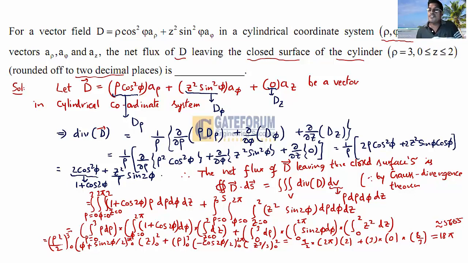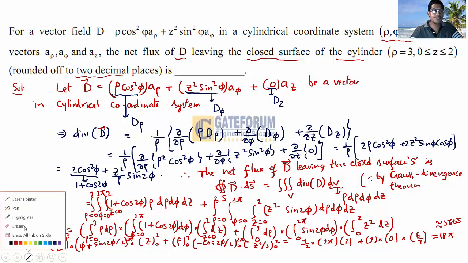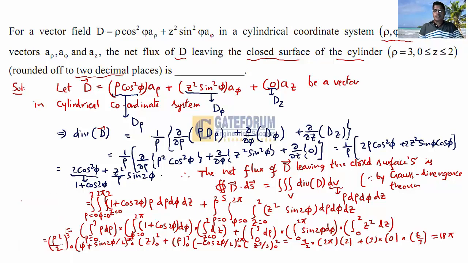So the answer is 56.55. So this is approximately, here I am writing, 56.55 up to 2 decimal places. Please check. So this is the end of the question.